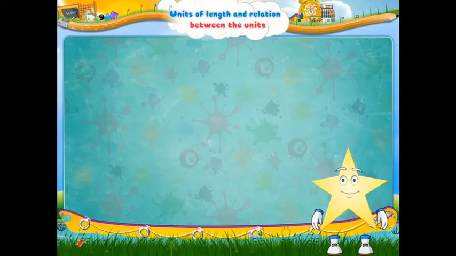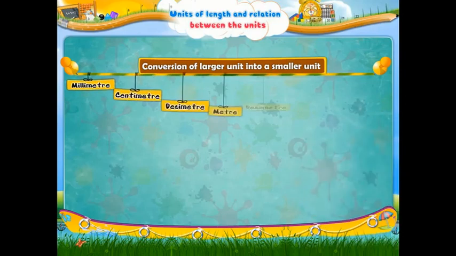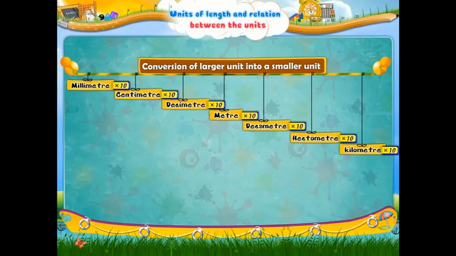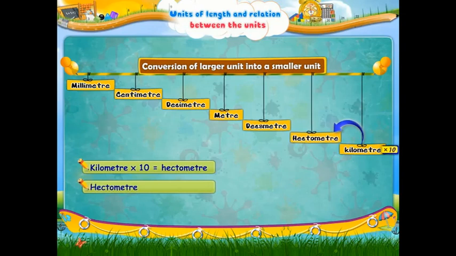Can you tell me how to convert a larger unit into a smaller unit? It's simple. We have to multiply a larger unit by 10 at every step to get the next smaller unit. So, kilometer multiplied by 10 gives hectometer. Hectometer multiplied by 10 will give decameter.